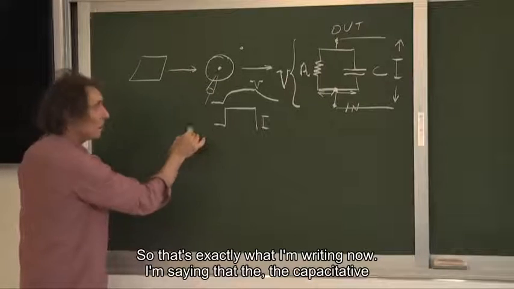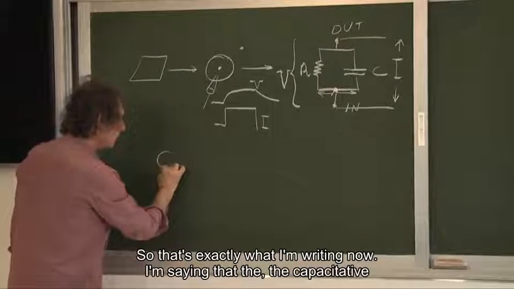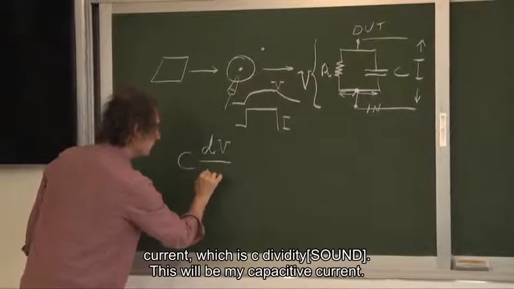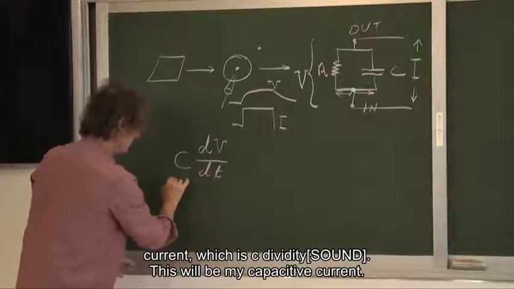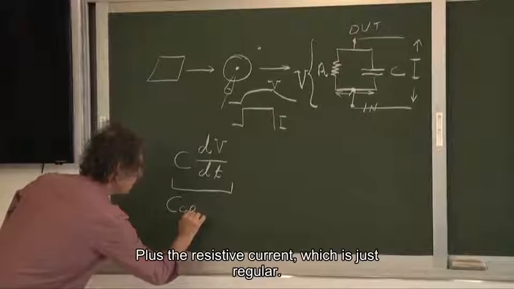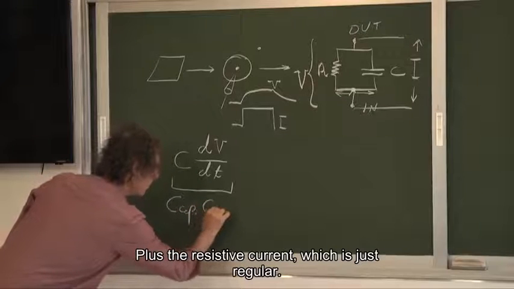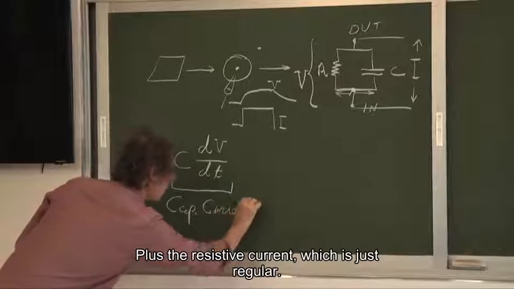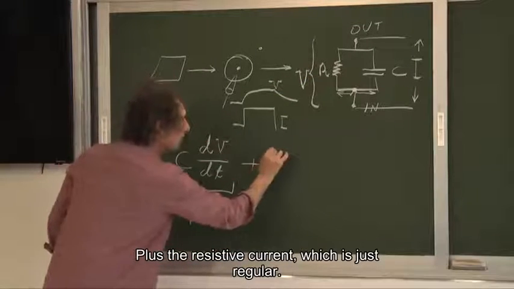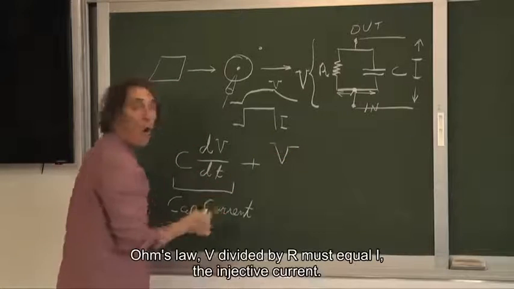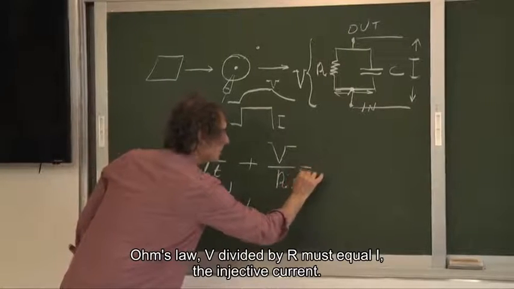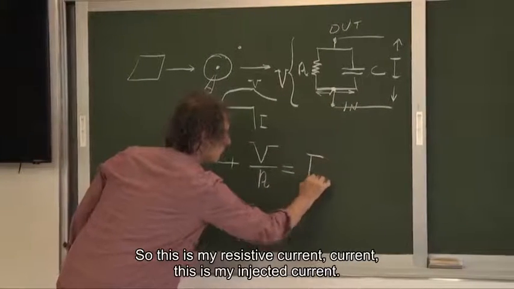The capacitive current, which is C dV/dt, plus the resistive current, which is just regular Ohm's law, V divided by R, must equal I, the injected current.